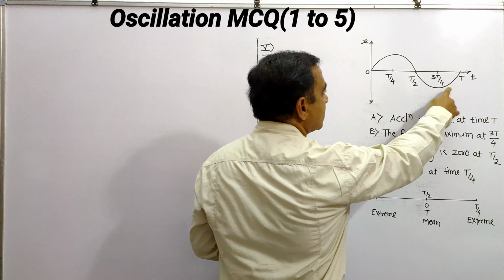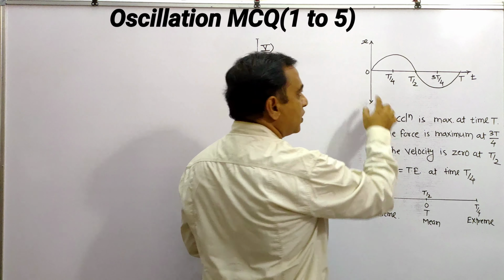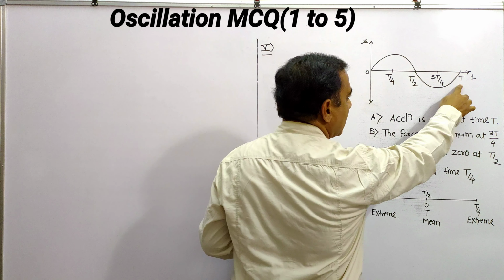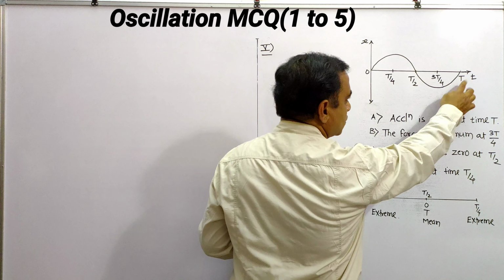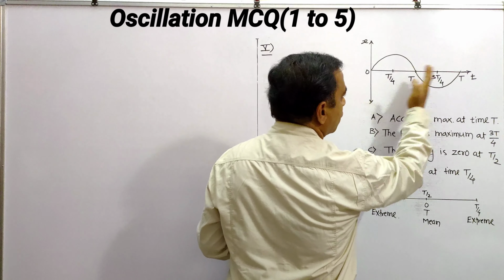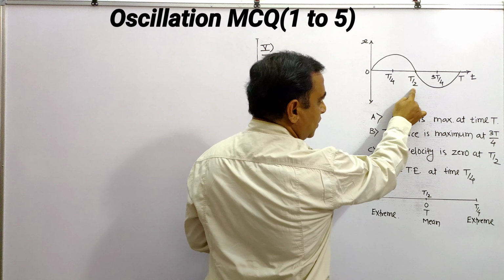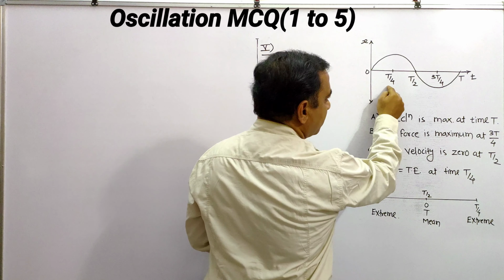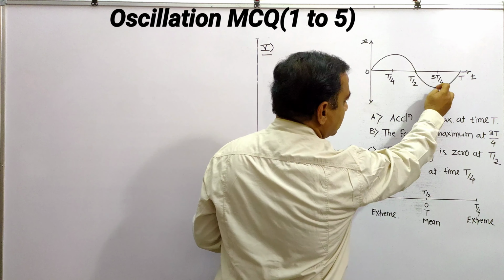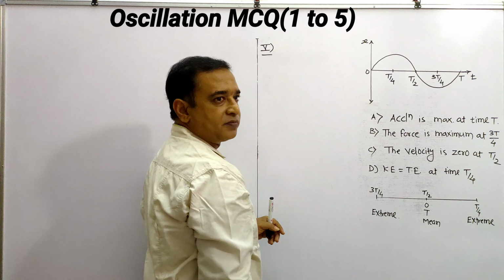We can term it a single oscillation. So it will take a time t. This is known as the time period of oscillation. So let us divide this t into 4. This is the half part, so t by 2. This is the 1/4 part, t by 4. This is the 3/4 part, it is 3t by 4.